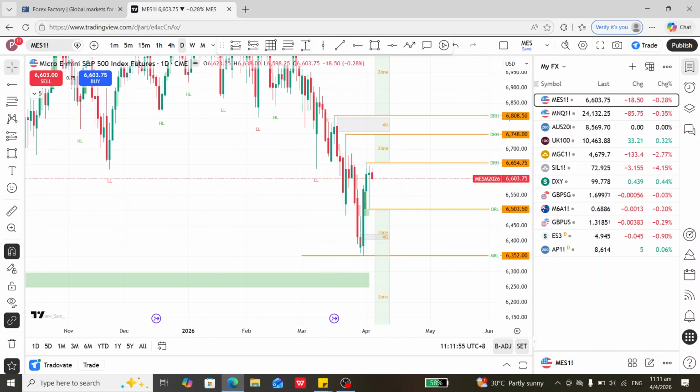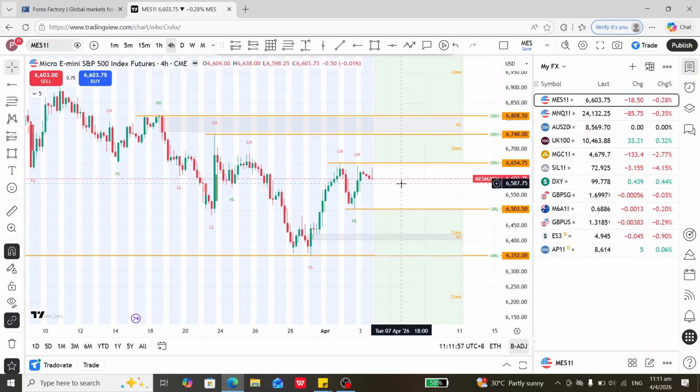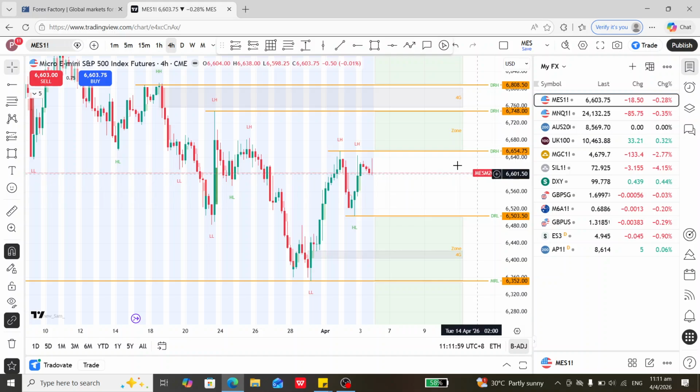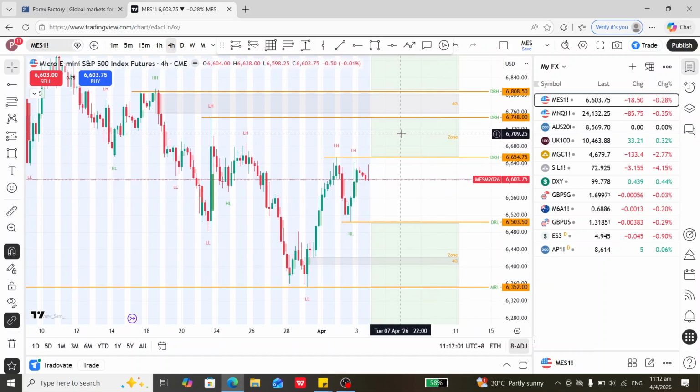Okay, then go down to the 4-hour chart. Only need to take note that this zone is quite clear. If the market really closes, the first time it comes in, there is a small rejection and then it goes back. The second time it breaks is quite interesting, but I'm not sure the market can come into this zone and go straight to this, then maybe I got no opportunity to enter.